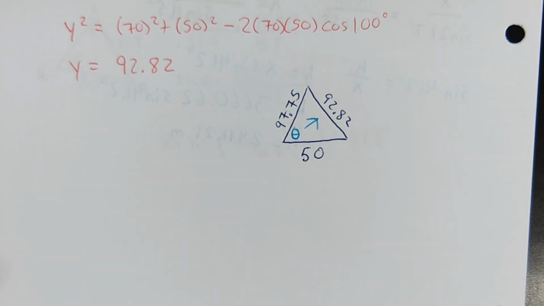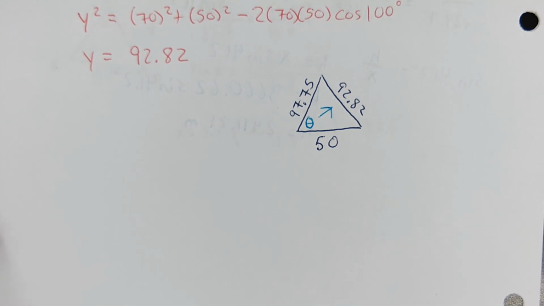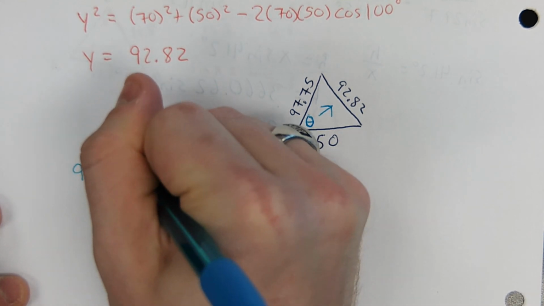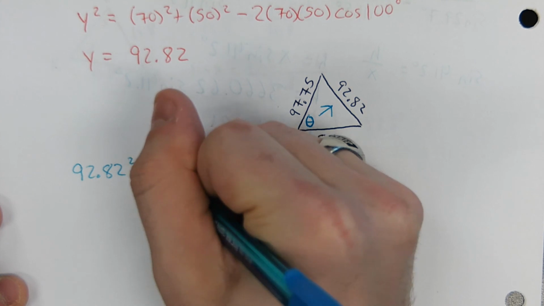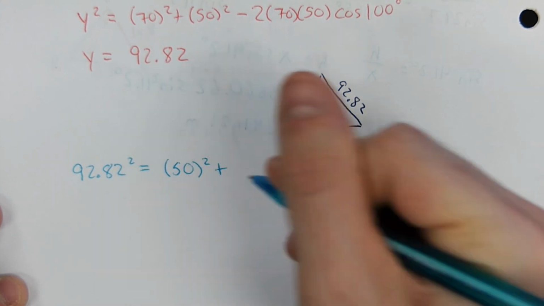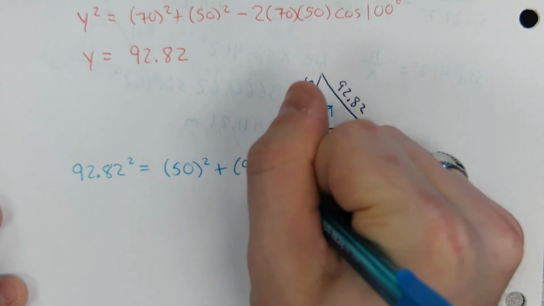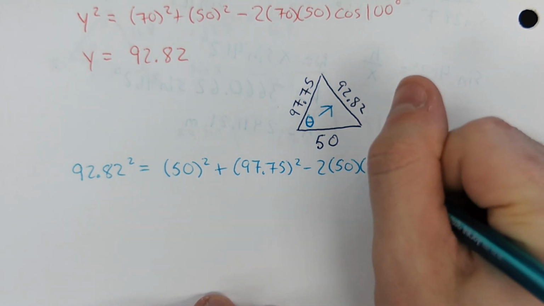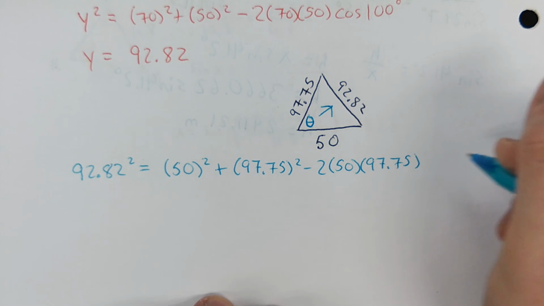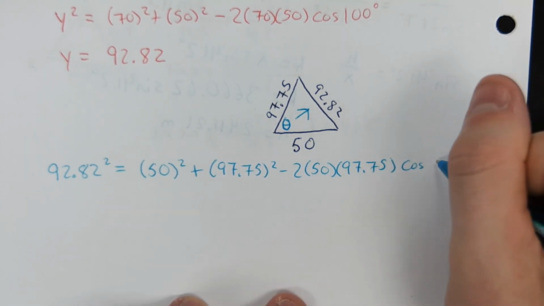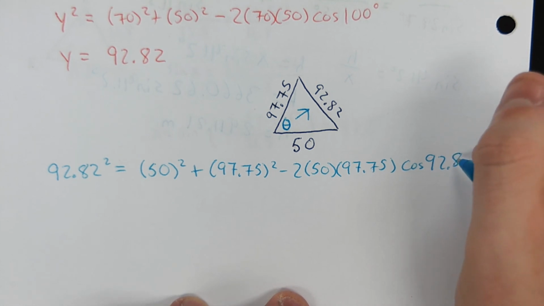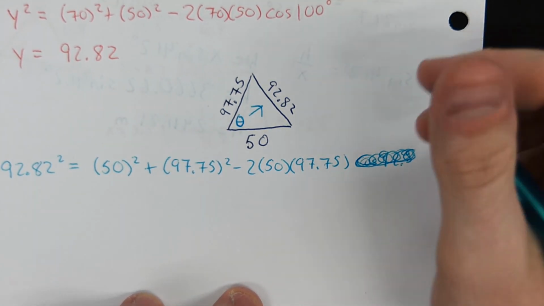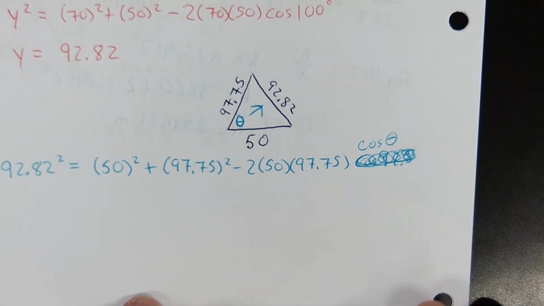Theta points at 92.82. 92.82 squared equals 50 squared plus 97.75 squared minus 2 times 50 times 97.75 times the cosine of theta. Sorry, that was supposed to say cosine of theta.